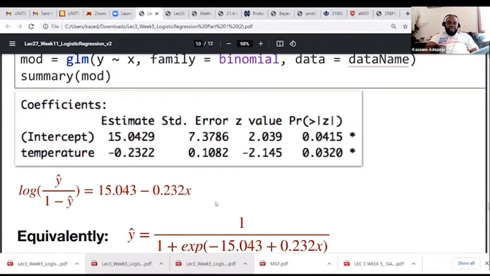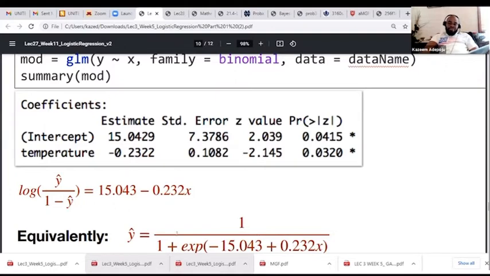The temperature is X, and the y cap here means we want to predict the probability. What we're predicting right now is the chance of that particular oil ring being damaged, given a particular temperature.